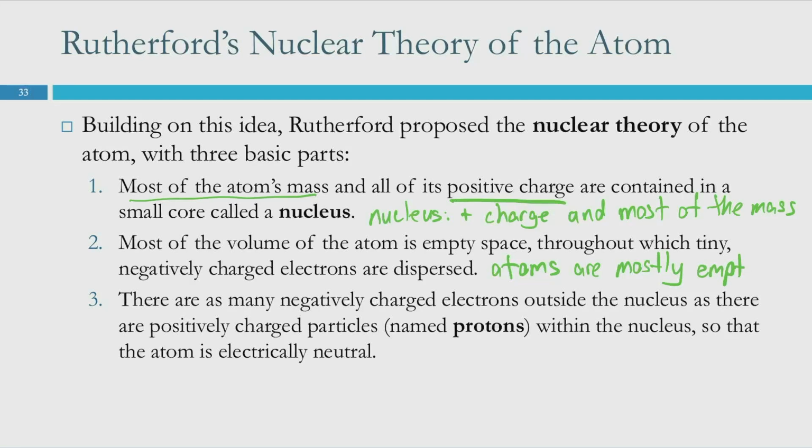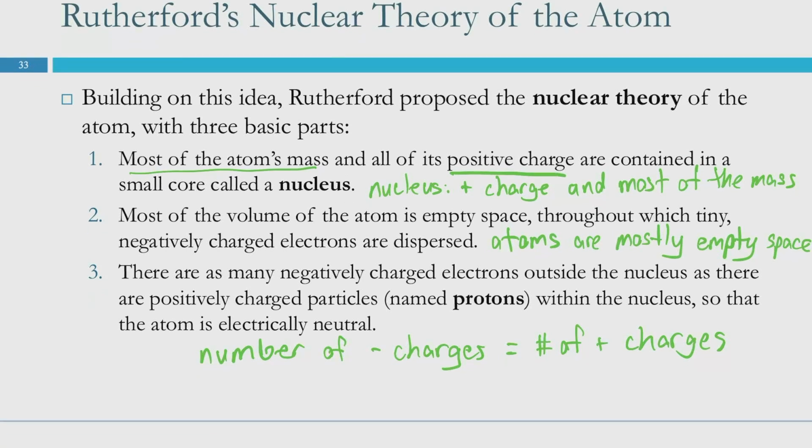You've got the tiny little electrons kind of dispersed throughout. And then the number of negative charges equals the number of positive charges. The positive charges being protons. So the number of electrons equals the number of protons.